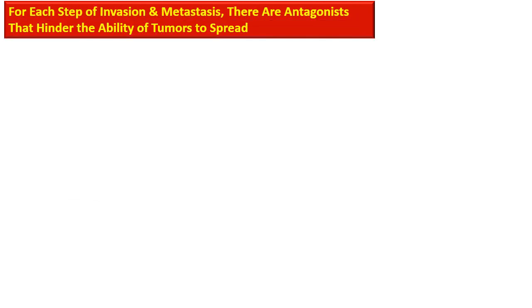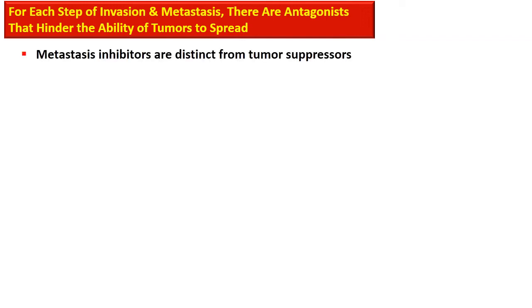The body has protective or defense mechanisms to prevent cancer from arising. It also has protective mechanisms that impede the invasion and metastasis of the tumor. There is a suppressor activity for about every step of invasion and metastasis, and a metastasis inhibitor is different from a tumor suppressor.